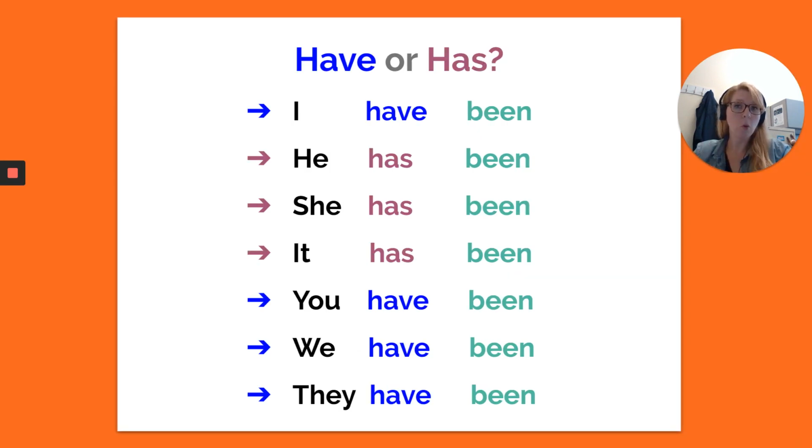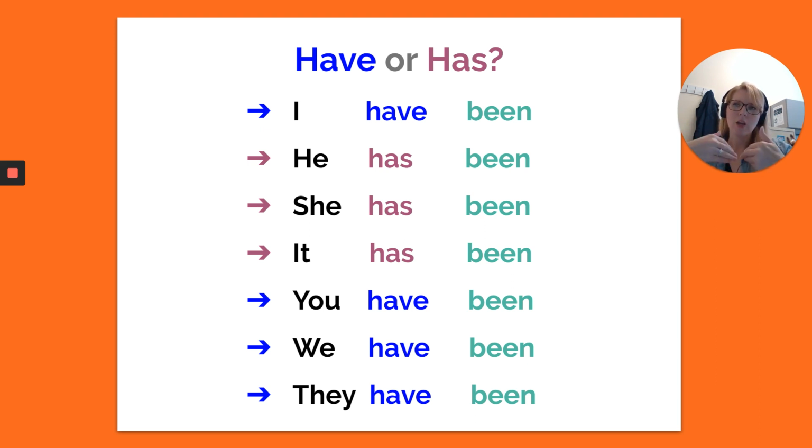So with the form, when do we use have and when do we use has? Well, we use have with I, you, we, and they. We use has with he, she, and it. This is just like simple present.